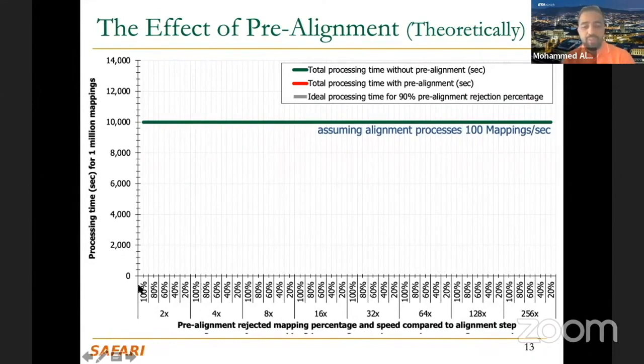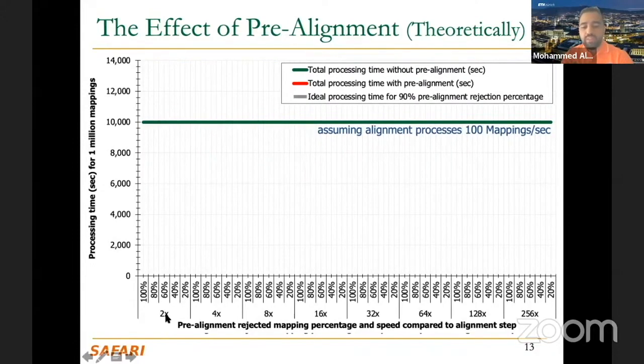In the first row, we have the rejection ratio of the filter. So 100% means the ratio of rejection: the percentage of the input mappings or pairs that get rejected by the filter. We have 100% all the way to 20%.